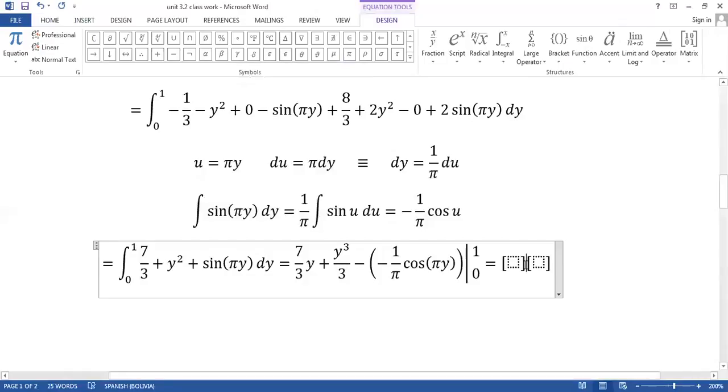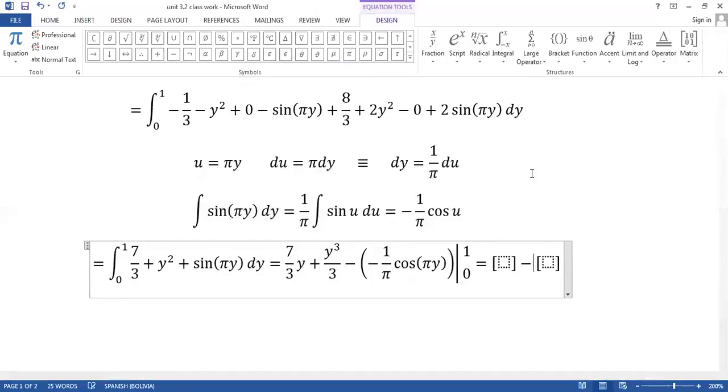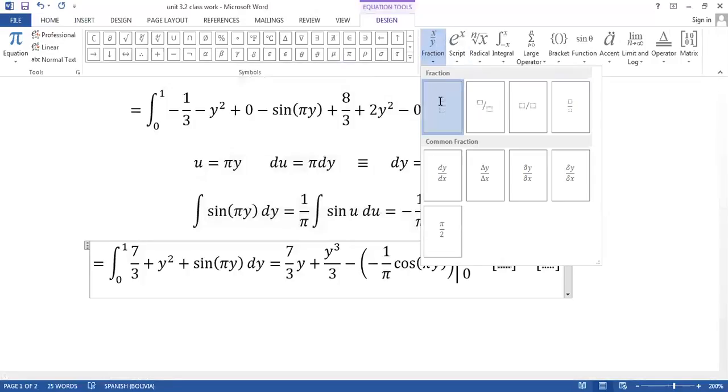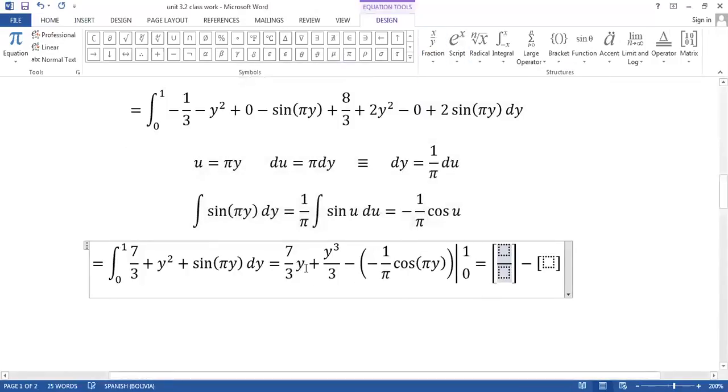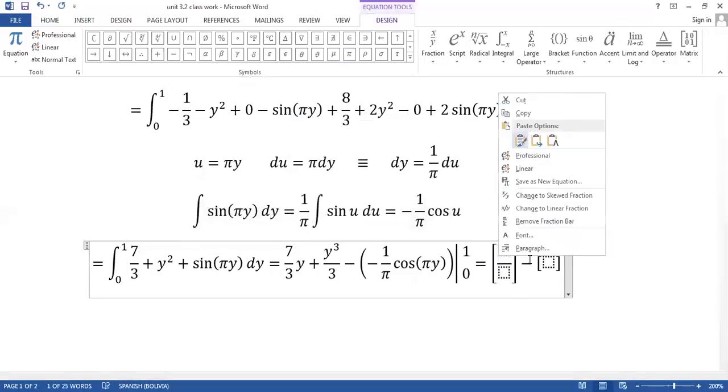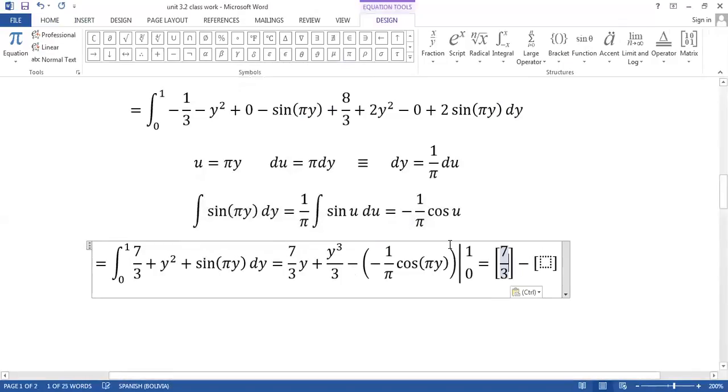And let me put in a minus here, because we know it's going to be a minus. When y is 1 here, this becomes just 1 over 3.